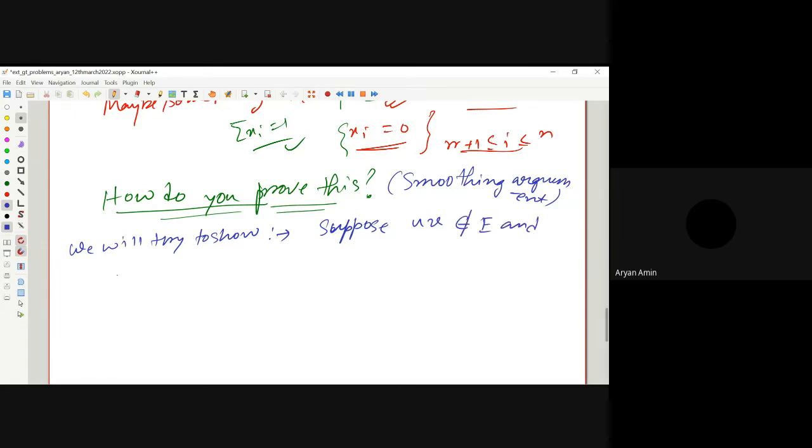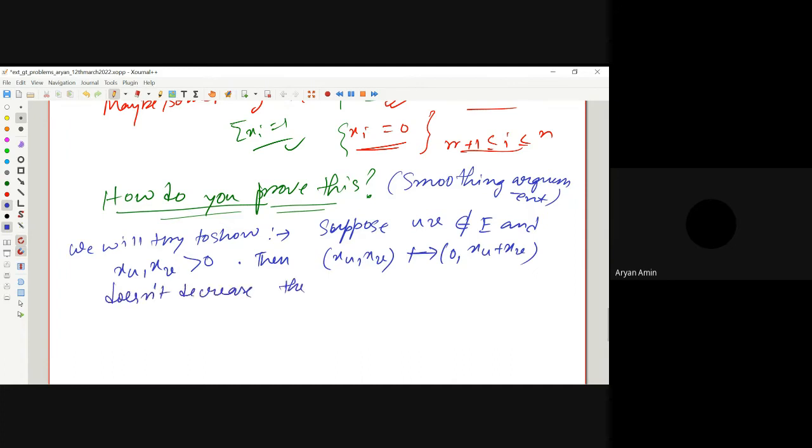And xu and xv are both greater than 0. Then shifting, shift one of them to 0 and the other to their sum. This doesn't decrease the f value. Okay, what is f?